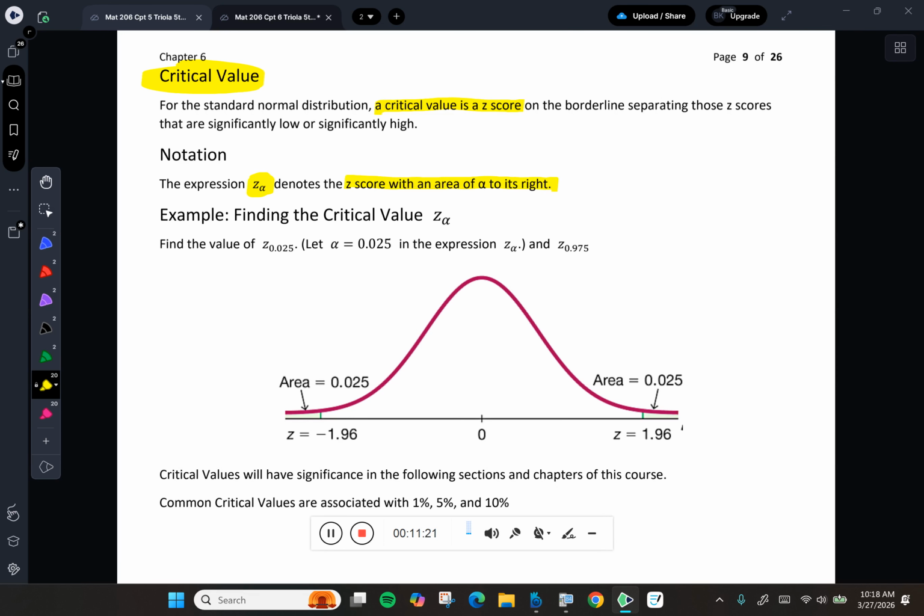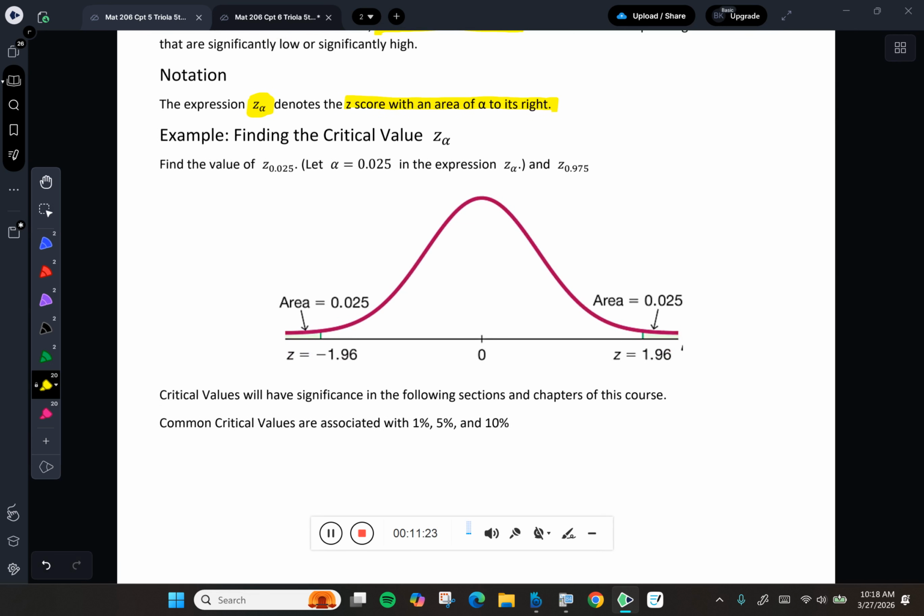So when we talk about z sub alphas, we're just saying that this is a z-score where alpha means the area to the right. So if I wrote z sub 0.05, that would mean that there's going to be a normal distribution, and some z-score over here where the area to the right is about 5%. That's all that it's saying. It's just the notation we're using.